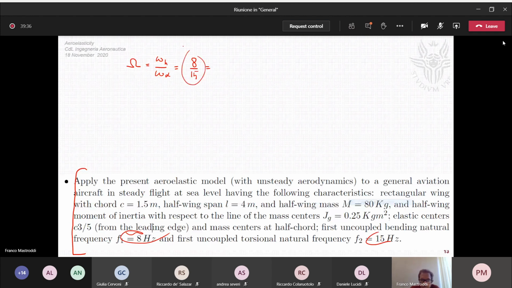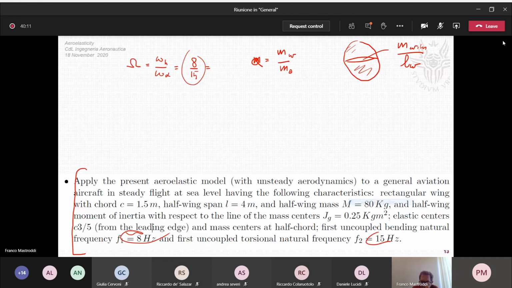Then I have to consider the mass ratio, and I have to divide this mass by this air mass. And this mass is equal to the mass of the wing divided by the wing length. And so you can characterize your mass ratio as mass of the wing with respect to the mass of the air. Okay, and so on.